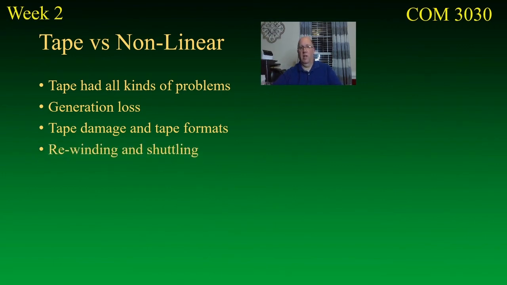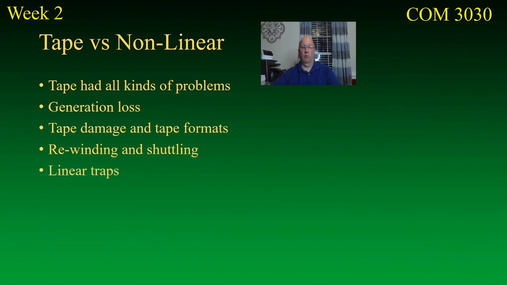This may be hard for you to remember, because I know most of you are very young, so you might not remember videotapes like VHS or Beta, where at the end of the movie you hit the rewind button and it takes a good 2 or 3 minutes to get all the way back to the beginning of the tape. Now, if you were doing video editing that way and you had one scene on one end of the tape, one scene on the other, you had to shuttle back and forth a long time to get all the footage off of that tape, which is a real pain in the butt.